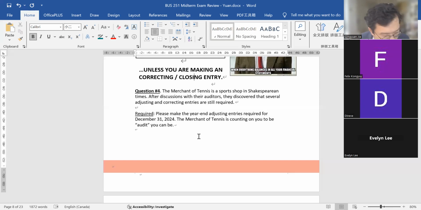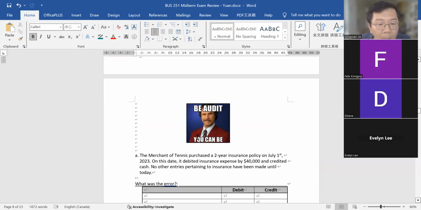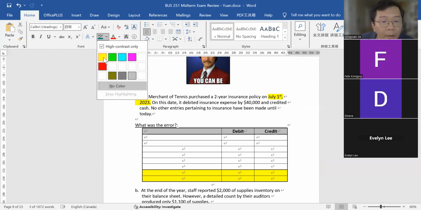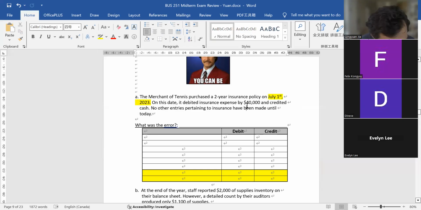Okay, so the Merchant of Tennis purchased a 2-year insurance policy on July 1st, 2021. Please mark this date. On this date it debited insurance expenses by 40,000 and credited cash. No other entries pertaining to insurance have been made until today.